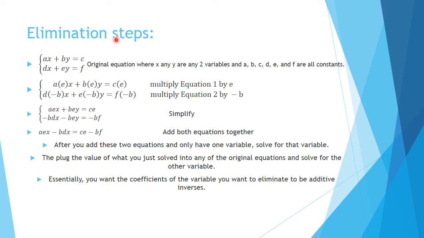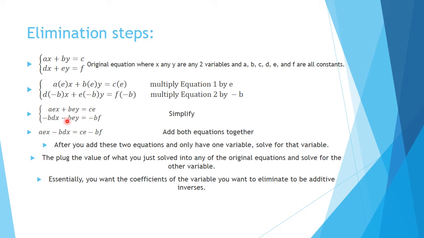Elimination: these are the general steps. You have these two equations, ax plus by is equal to c, and dx plus ey is equal to f. What you do is multiply this equation by the coefficient right here, which is e, and multiply the bottom equation by the negative of this.